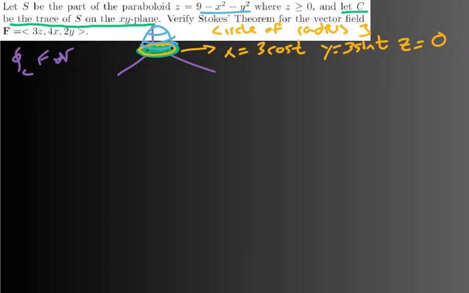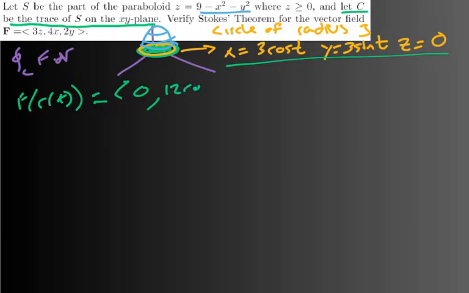And so when you do these line integrals, you have to parameterize. So you do F of r of t. This is my r of t. Given my F, 3z, 4x, 2y, I would get 3 times 0 is 0, 4 times 3 is 12 cos t, and then 6 sin t.